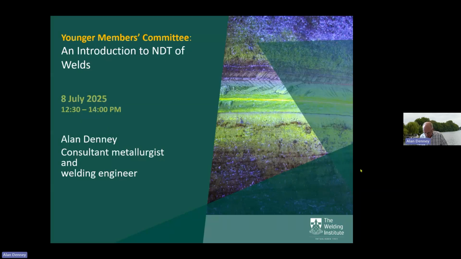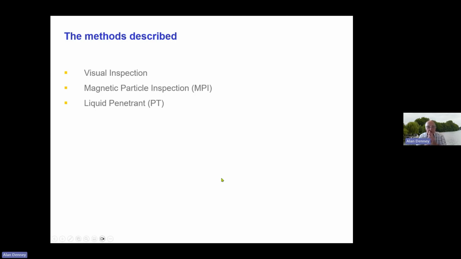But there's a fair amount of detail. So the methods I'm talking about are MPI and liquid penetrant inspection. I'll mention visual inspection in passing, but these are all good, it's working. These are to inspect for surface or surface breaking defects.